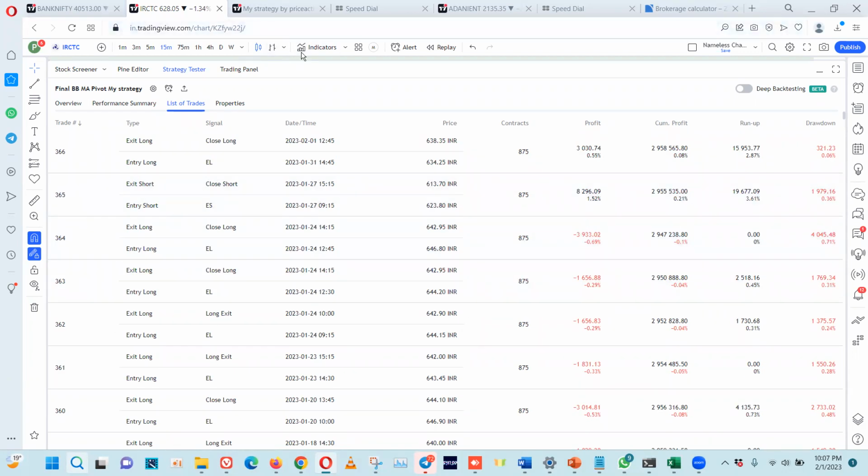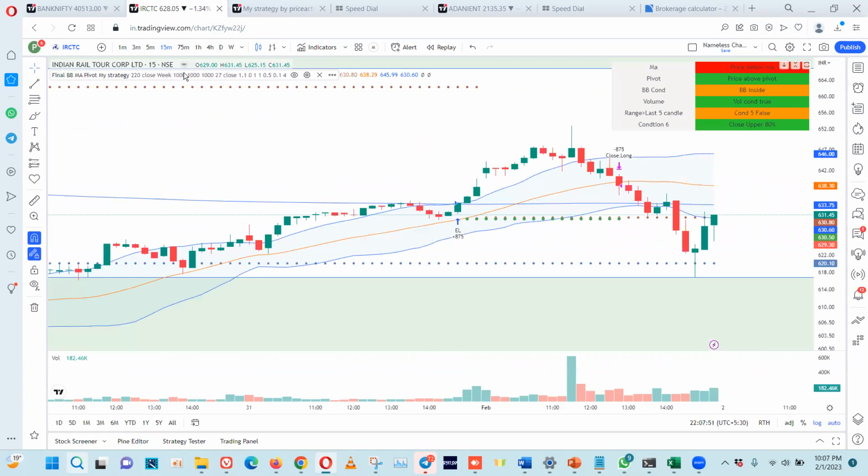So you can change all the parameters and find out which one works better. Just test for one stock. Don't test for all stocks. For all stocks, there will be different settings. It will not be the same. Okay, any questions? But how many parameters are there in all?